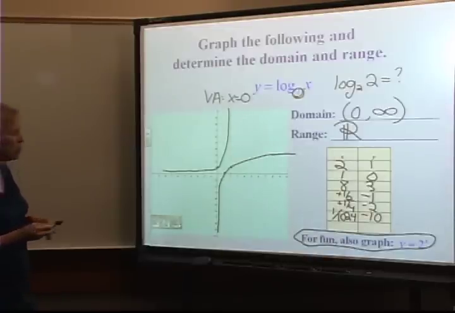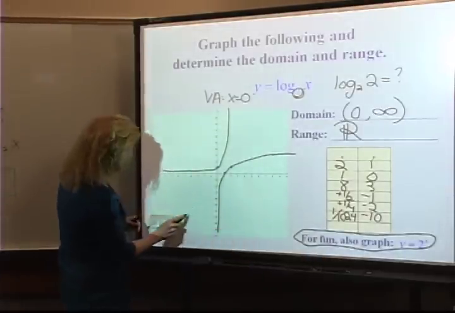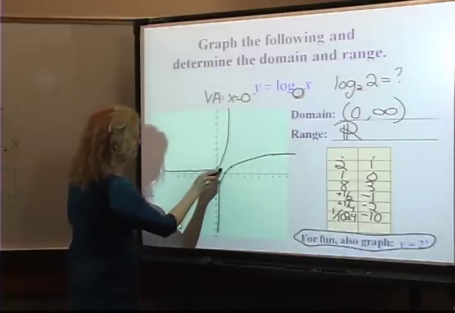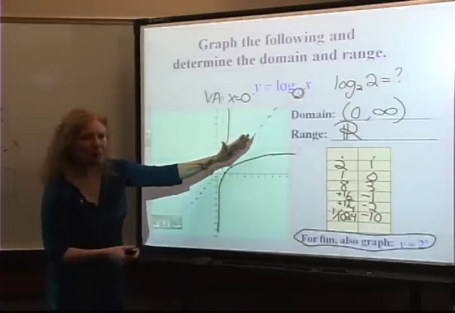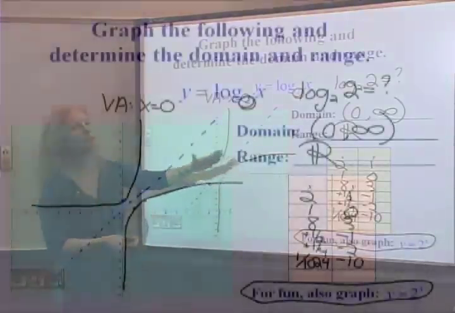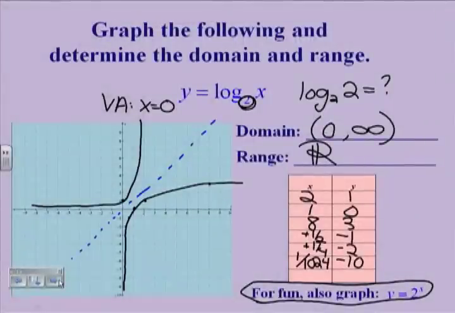And if you look really carefully, and my graph isn't perfectly drawn, but that line, y equals x, running up through there, you can see that these are reflections over that line. So as you are trying to work with the graphs of your log functions, realize that they're very closely connected to the graphs of the exponential functions, as any inverse functions would be.